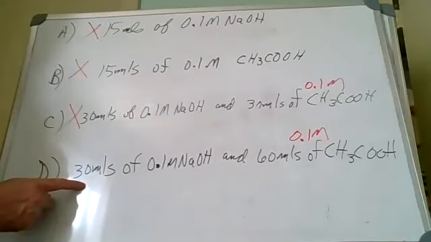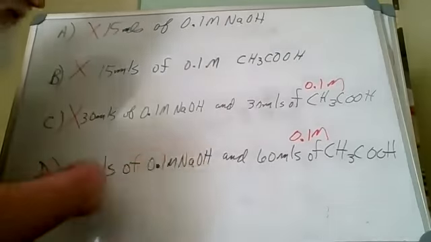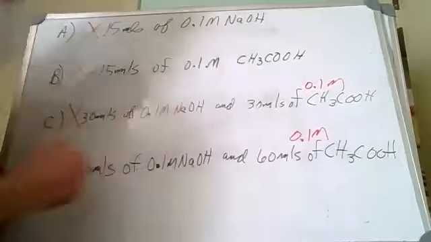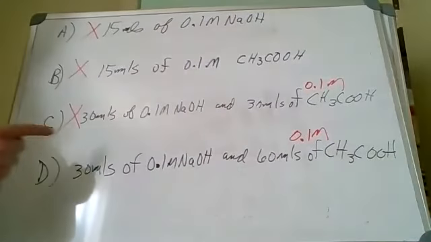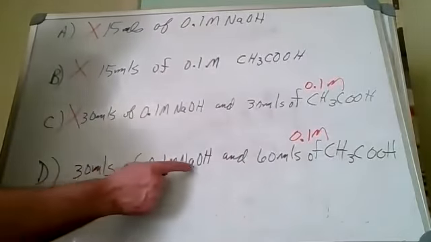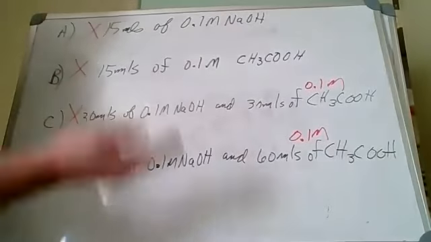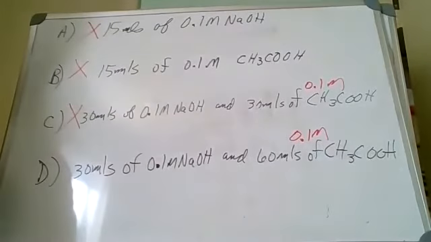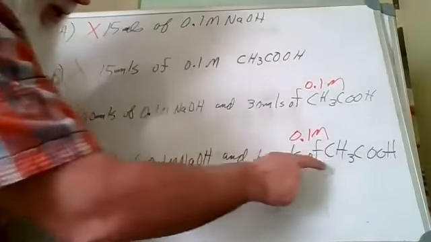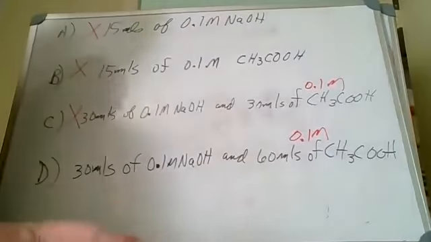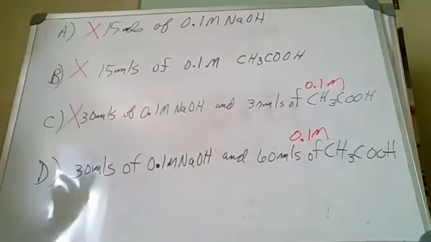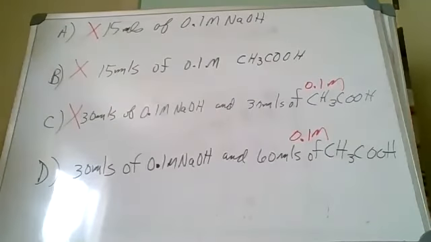So once I mix these two together, I'm still going to have some acetic acid left, but half of the acetic acid will have been neutralized by the base, turning it into acetate anion. So in D solution, I will still have acetic acid, but I will also have acetate anion.